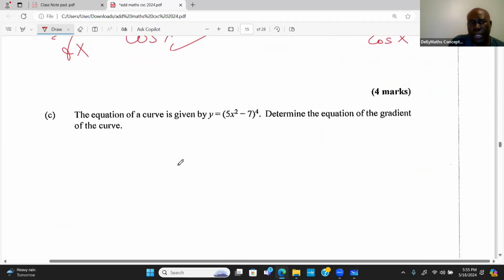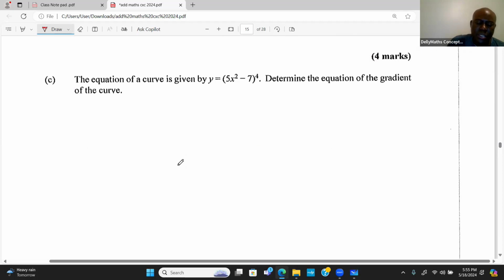All right, let's go to the next question. In this question, you're going to employ the chain rule very quickly. It says the equation of a curve is given by y equals (5x squared minus 7) to the power 4. A quick way of doing this is to take the derivative of everything.